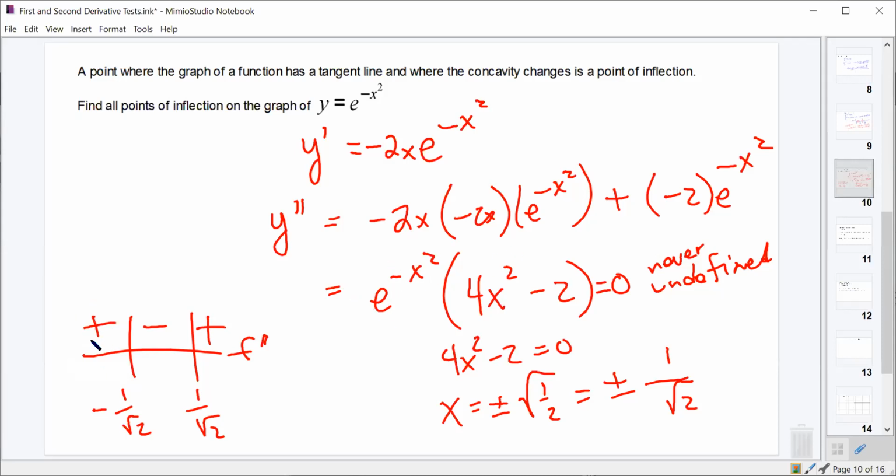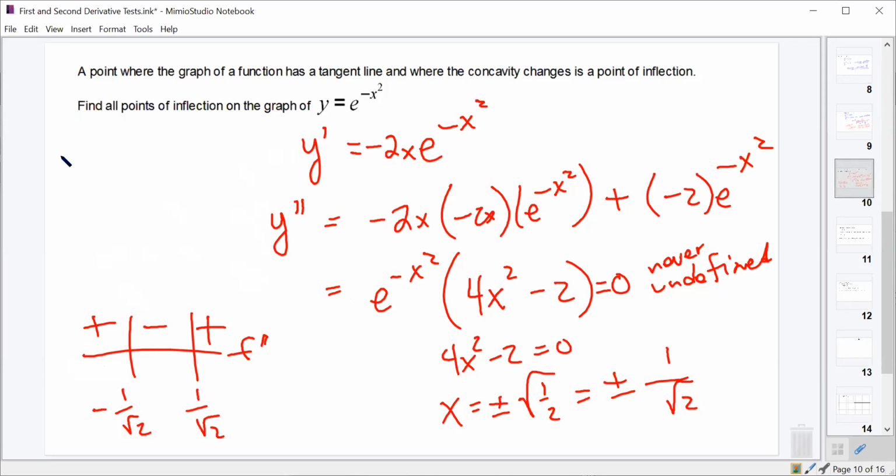So how many points of inflection do we have? 2. Yeah, 2 points of inflection. One at negative 1 over root 2 and the other at 1 over root 2. We'll find the values of our function there.